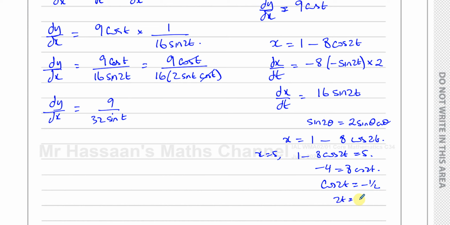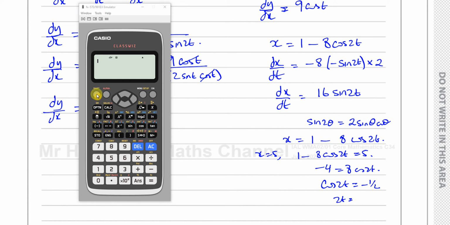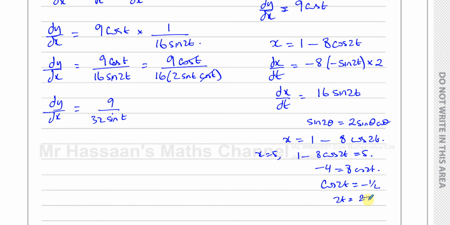So 2t is equal to inverse cosine of negative a half, in radian mode. The cosine of a half is 60 degrees, which is pi over 3, so this is 2 pi over 3. Therefore, dividing both sides by 2, when x equals 5, t is equal to pi over 3.